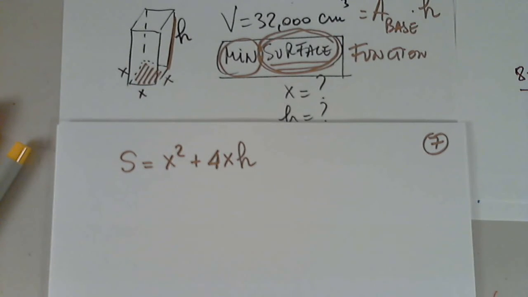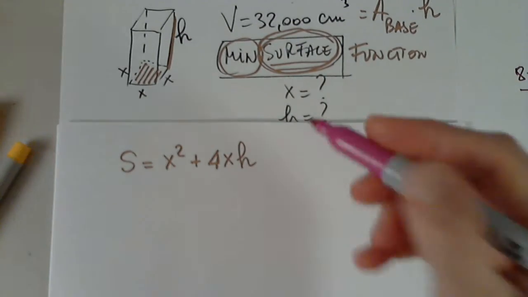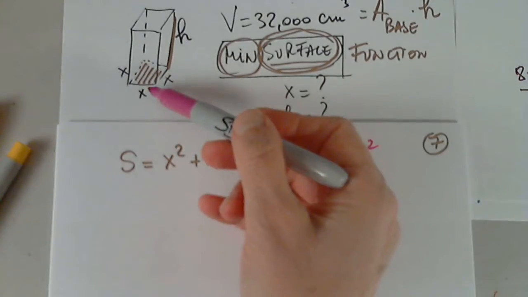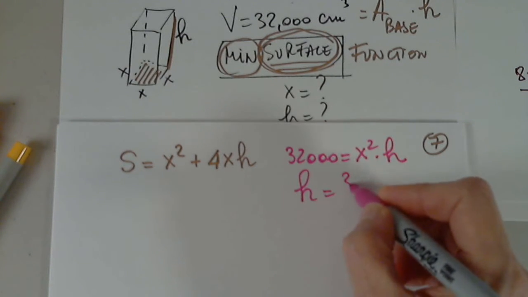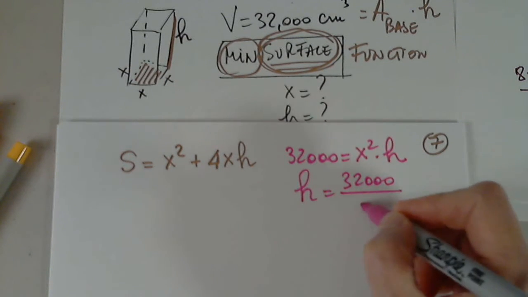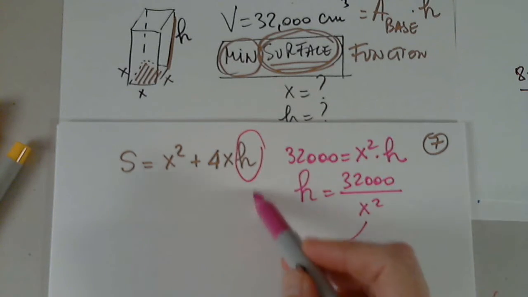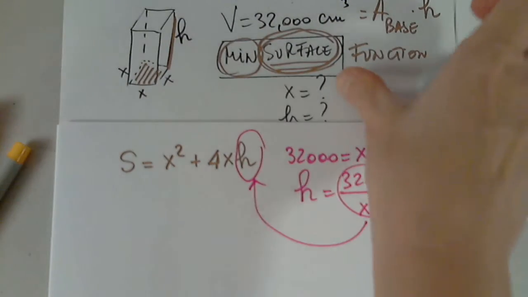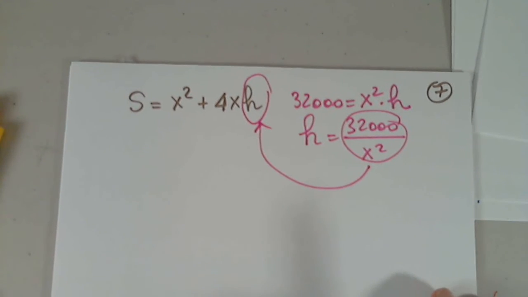I can have a function of two variables, but from this equation, 32,000 equals x squared, which is the area of the base, times the height. Solving for the height, I get 32,000 divided by x squared, and I replace it in here. Now I'm happy.